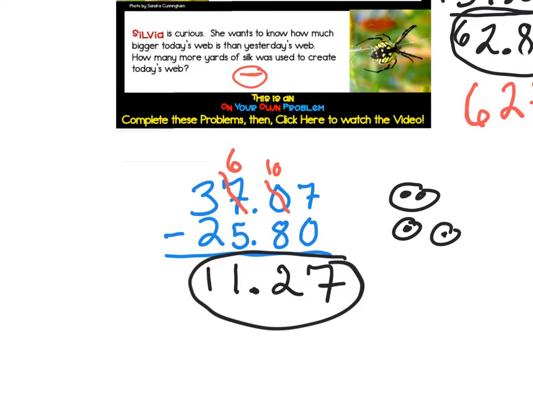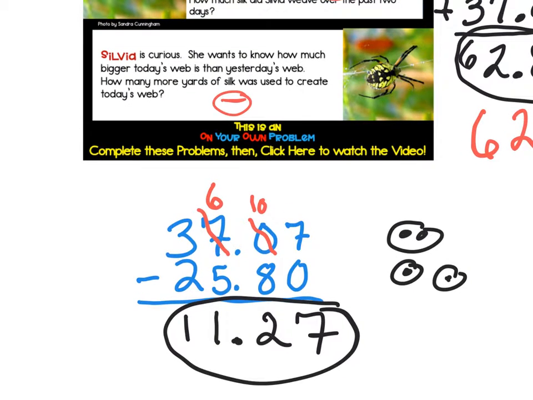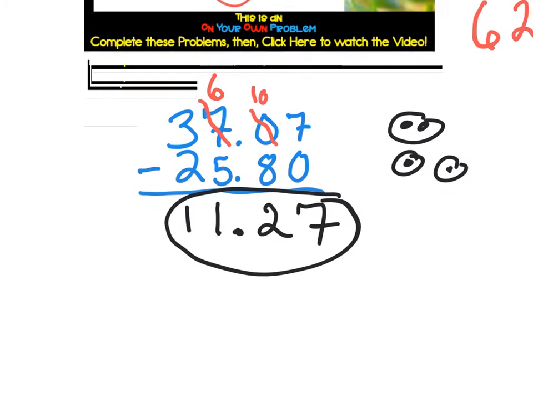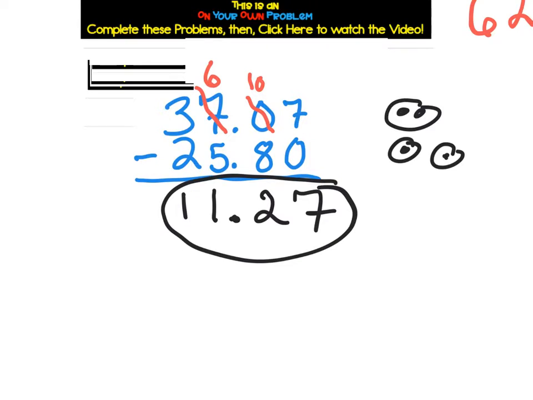So either way you slice it, my friends, the answer is 11.27. And that's how much longer today's web was than yesterday's web, right? So let's go ahead and look at this just one more way here. We can also think of this as 11 and 27 100ths, because this 7 here is in the hundredths place.